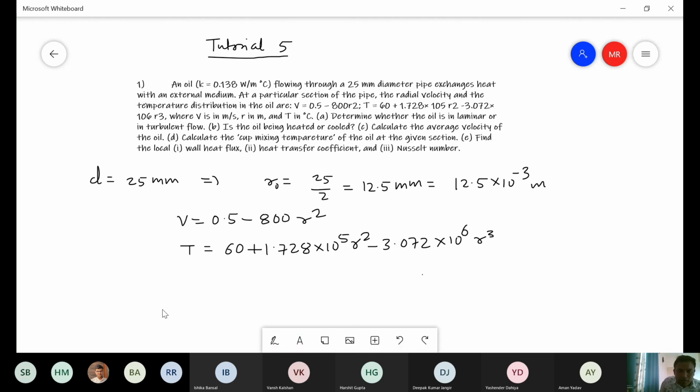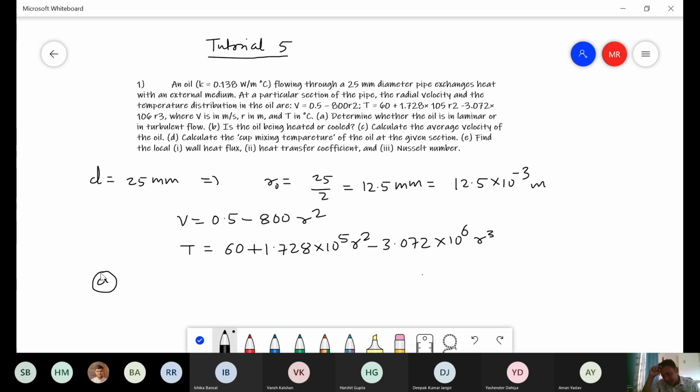If you remember your fluid mechanics, in a laminar flow, velocity is related to R square, whereas in turbulent flow, the velocity is related to R raised to the power 1/7. So clearly here V is related to R square and therefore it should be laminar, but we will rearrange this equation a little bit more so that it will be clear why we are saying that the flow is laminar.